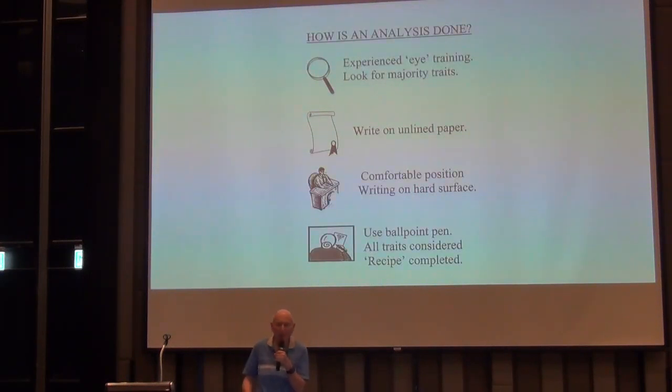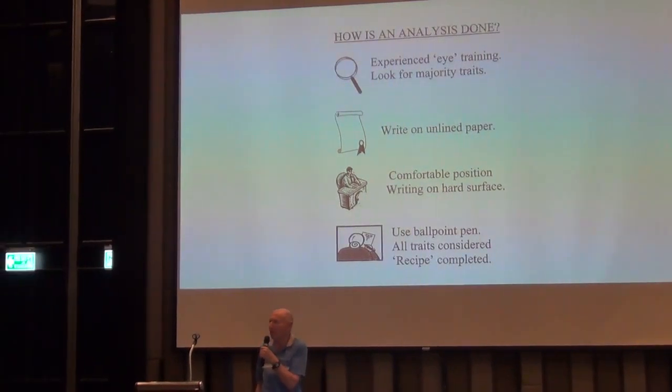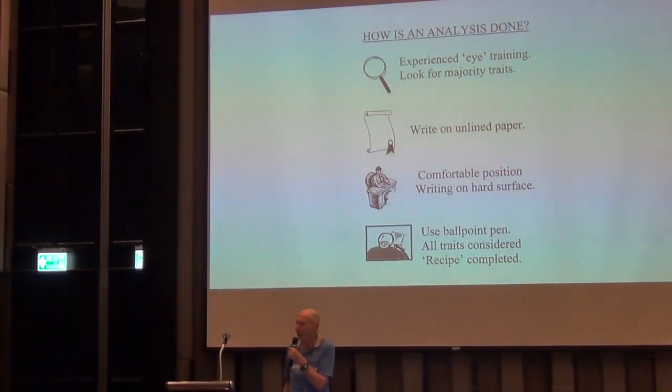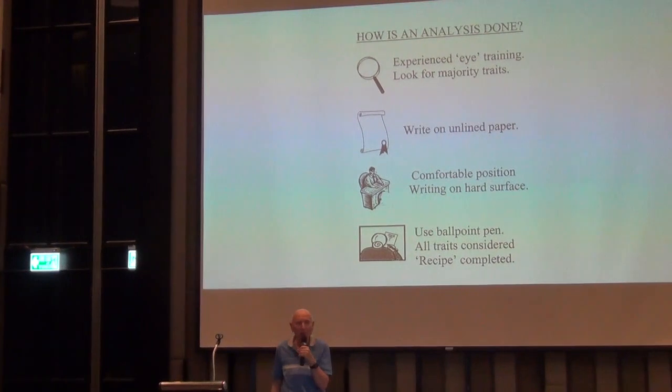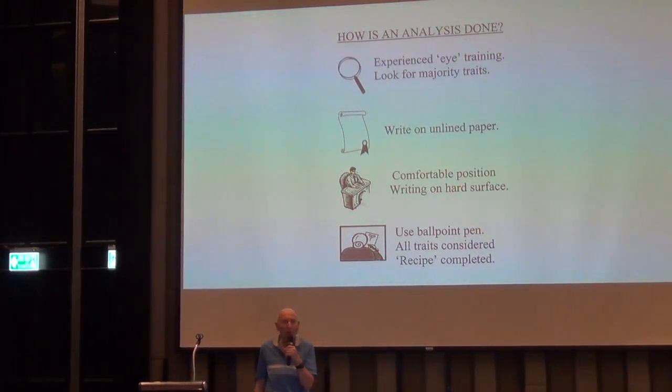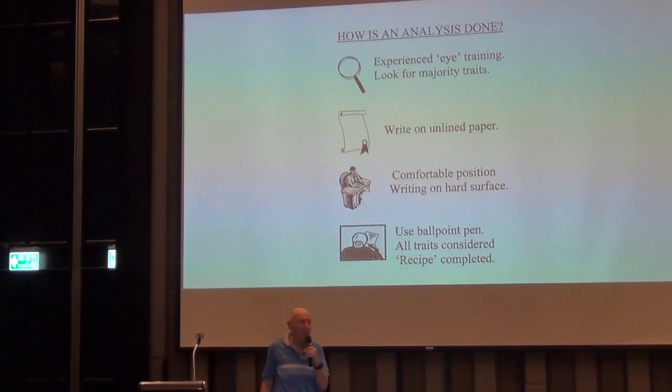Okay, so how's an analysis done? Well, after I go talking to you, don't go practicing on the boss or the mother-in-law, because if you get somebody's character wrong, it can backfire on you, and it can be quite embarrassing for you. So I look at how you write, not what you write. You can write what you want, but it's how you write. I always ask you to write on unlined paper, because that means the pen is free from the restrictions of lines and boxes.